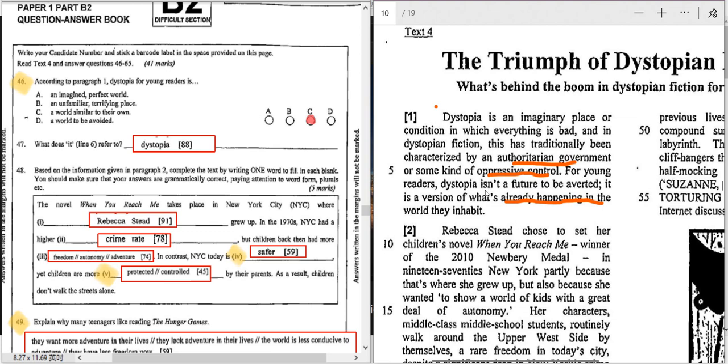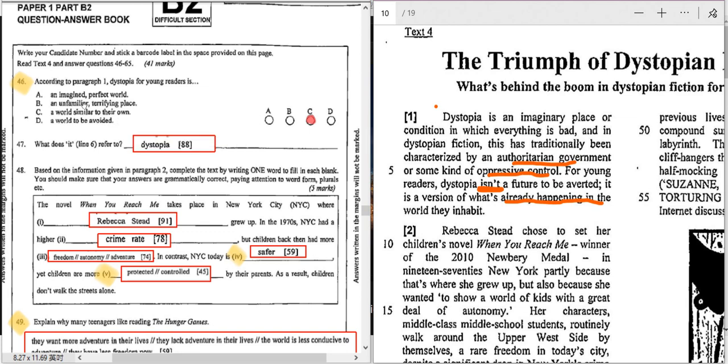It isn't a future to be averted, because in fact it is a reality where they are already living. So going back to the answers here, A to D, we find that C is the correct answer, because it's a world similar to their own.